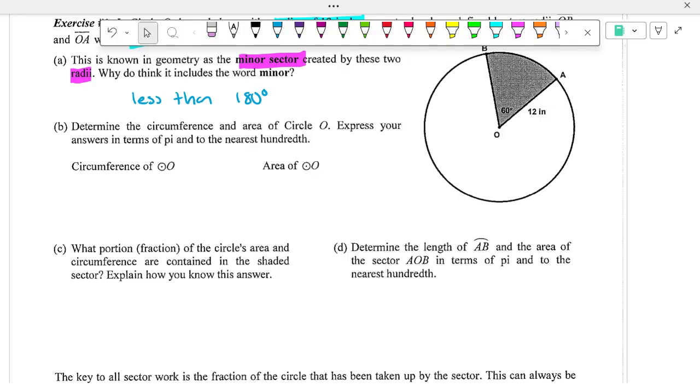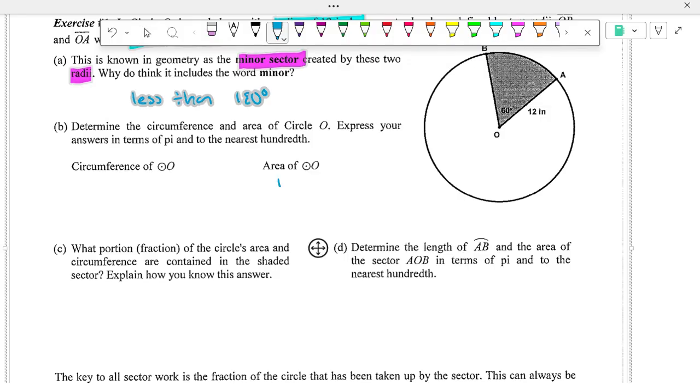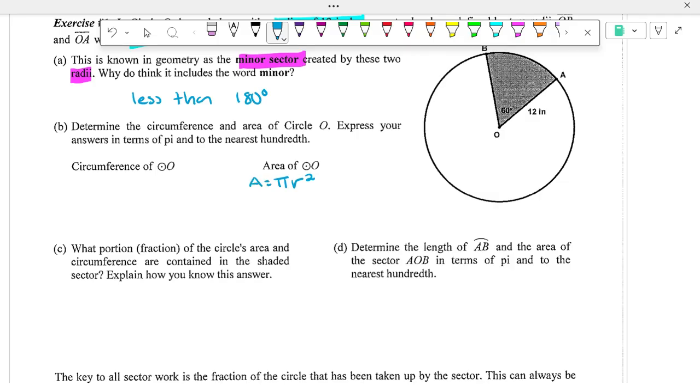What does it start with? There's a pi in it somewhere. That's area. 2 pi r. So the circumference of a circle is 2 pi r, or it's just the diameter times pi, depending on what you're using. But in this class, we're going to use 2 pi r.